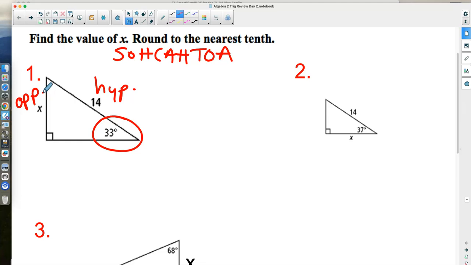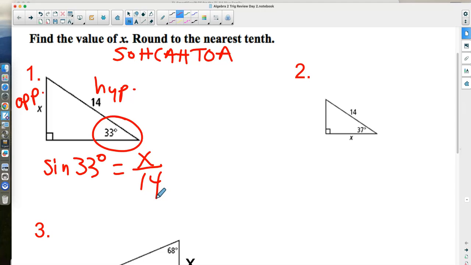So I look at this and I see my labels are opposite and hypotenuse, and I think SOHCAHTOA, oh, I need to use sine. So the sine of 33 degrees equals x over 14. I want to remind everybody, the sine of 33 degrees is just a number.